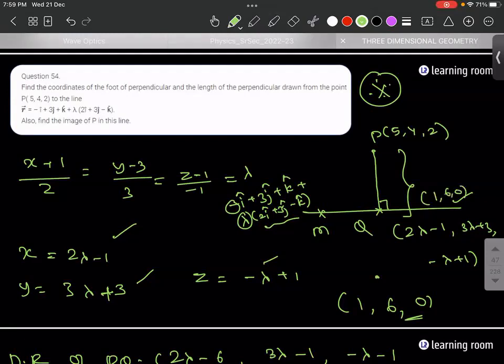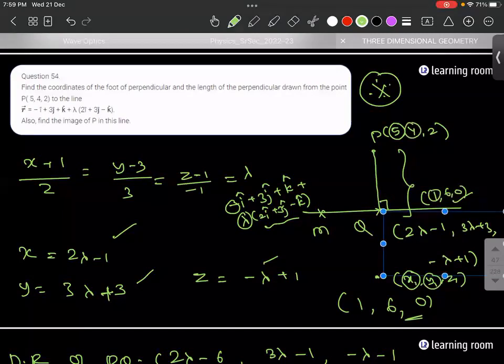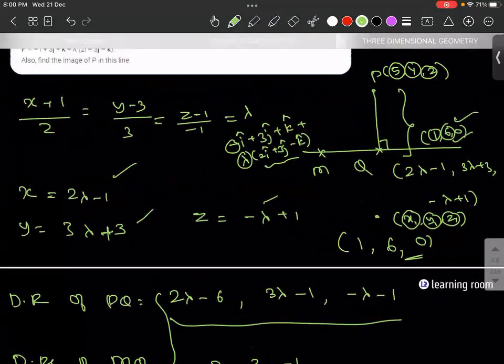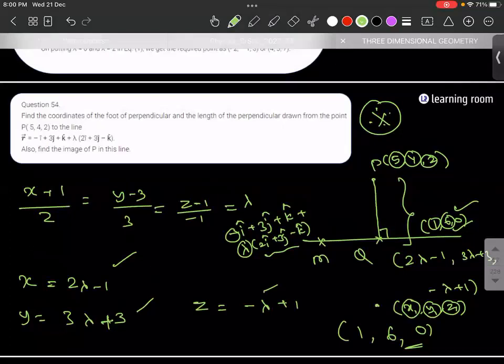If this point is 1 comma 6 comma 0, and I take the image to be x1 comma y1 comma z1, then (x1 plus 5) divided by 2 is equal to 1, (y1 plus 4) divided by 2 is equal to 6, and (z1 plus 2) divided by 2 is equal to 0. From there you can find the image, which comes out to be minus 3, 8 comma minus 2. So for the length of the perpendicular, use the distance formula between P and Q, that will give you the answer.